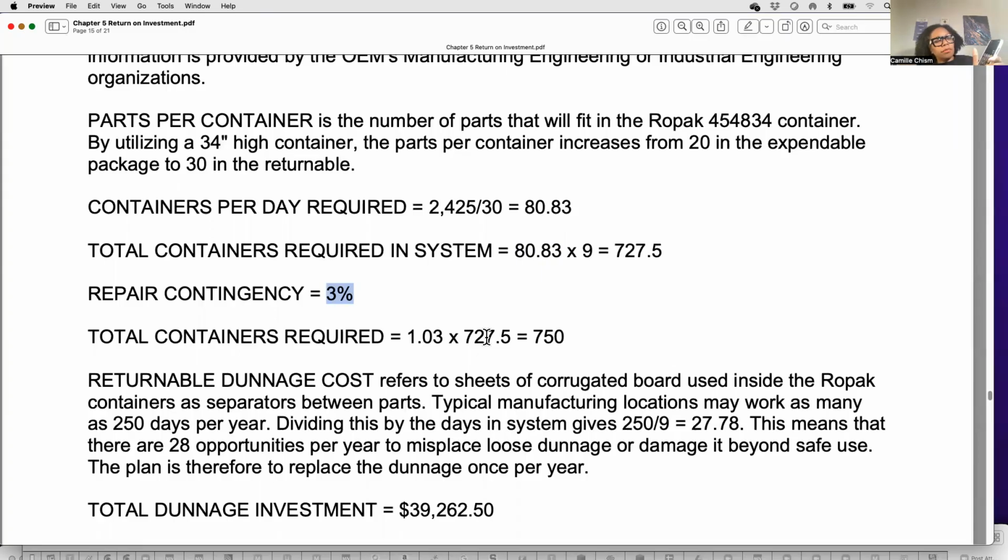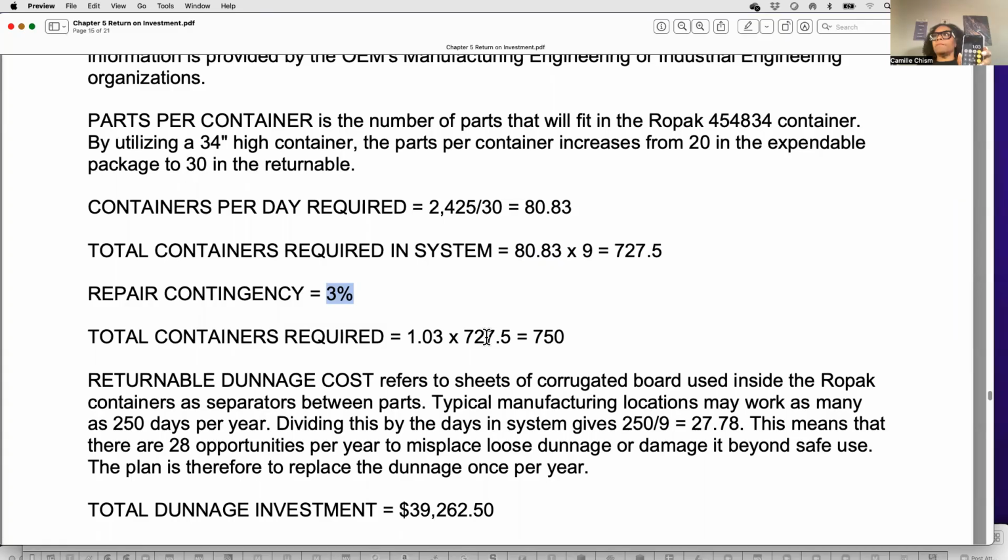So if you just do 3, and then you hit the percent, you're going to get 0.03. And then if you just add 1, you're going to get that 1.03. So that's how they came up with that.